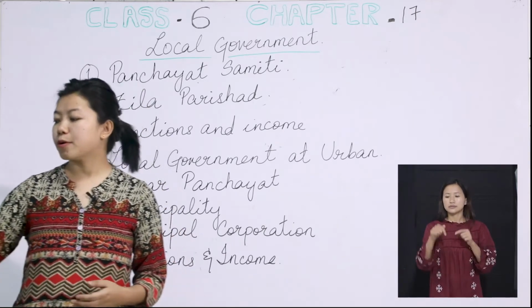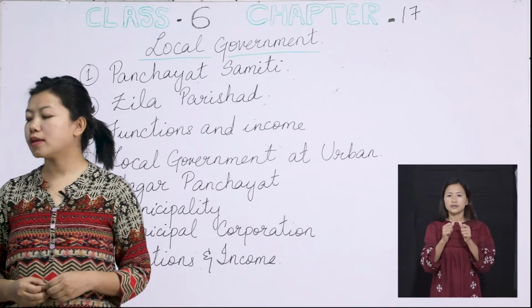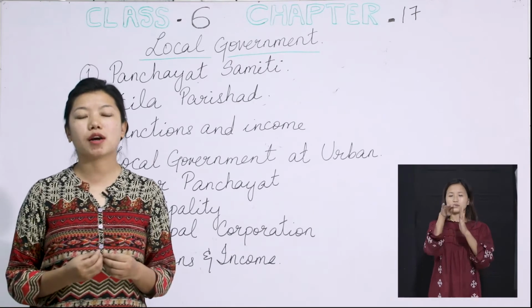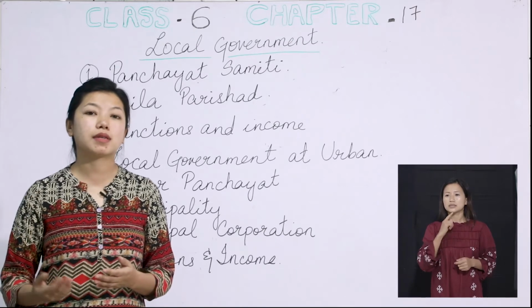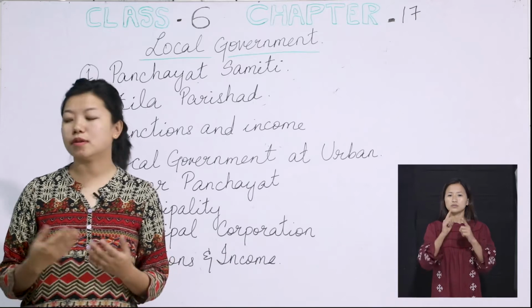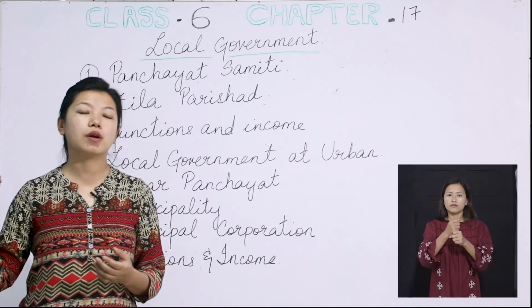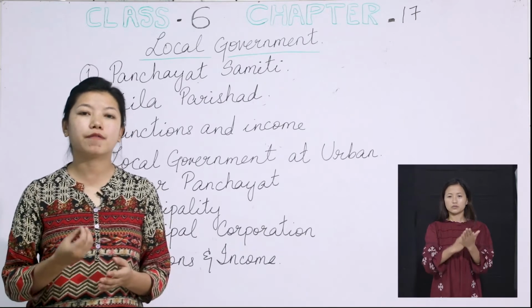All right, so the next one is it advises the government on all matters relating to developmental activities. The Zilla Parishad also advises the government on what the requirements are and why they need it, right? So all these discussions are made between them. And sometimes the government sets up programs in order to help the farmers, right?